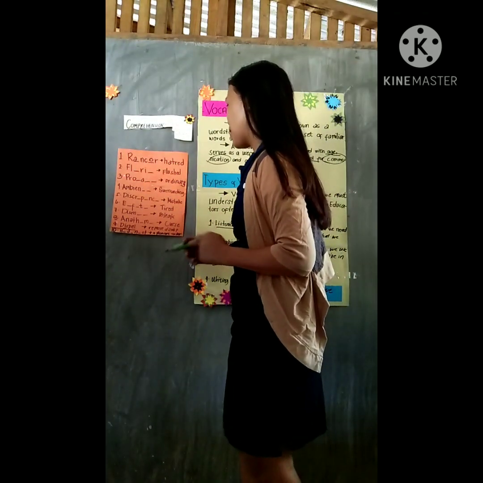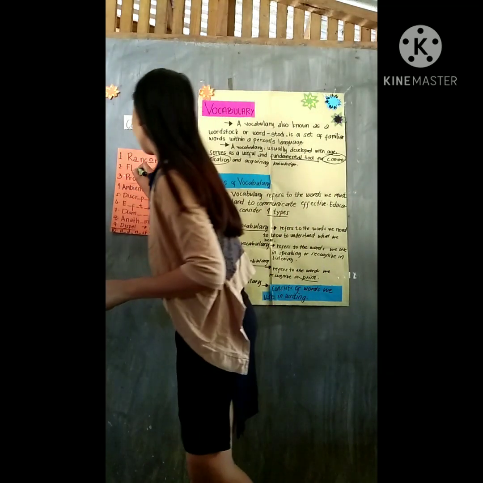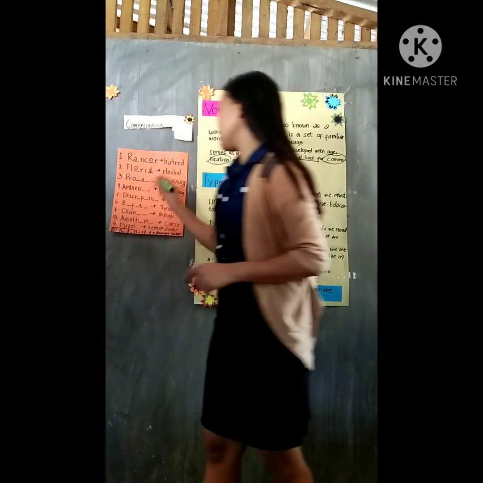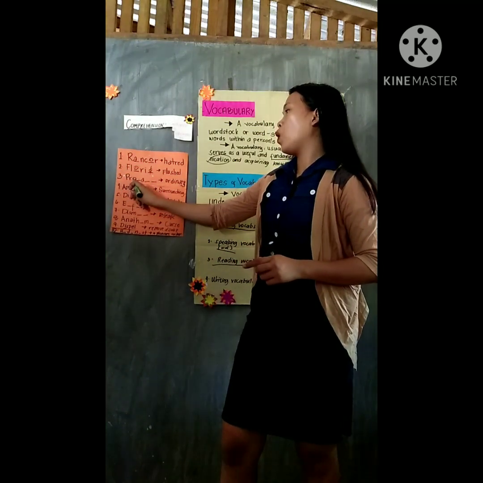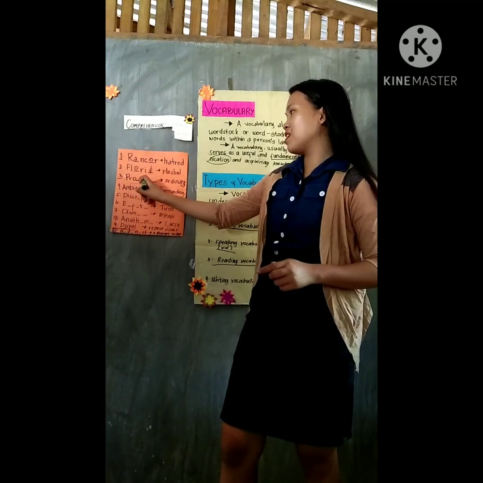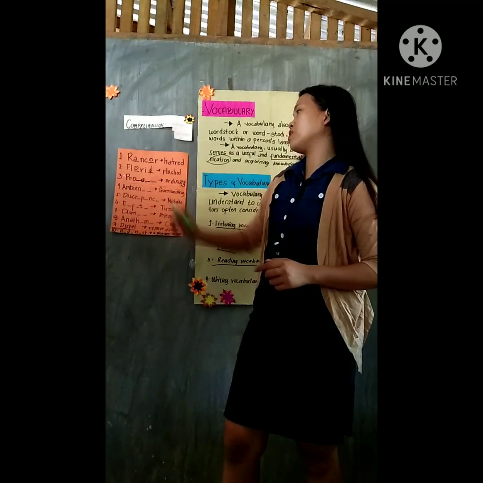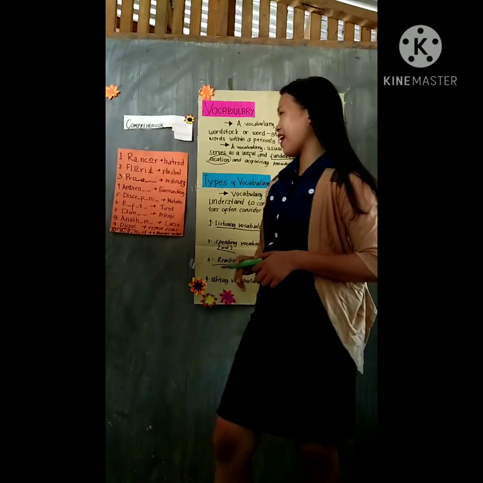Fluoride. Fluoride is correct. Number 3: P R O blank A blank. What is that? It is ordinary. Yes, that's correct.